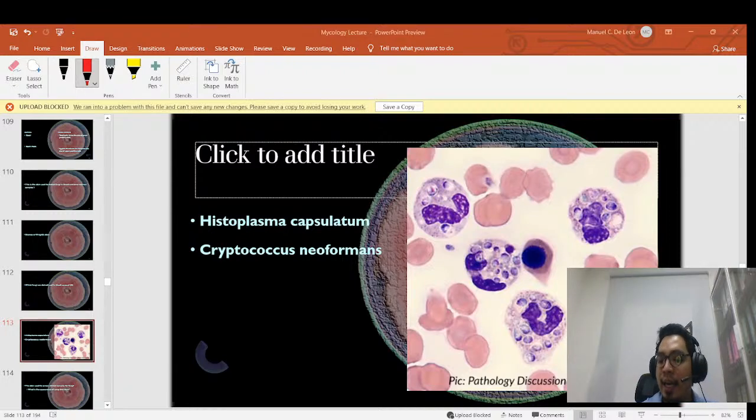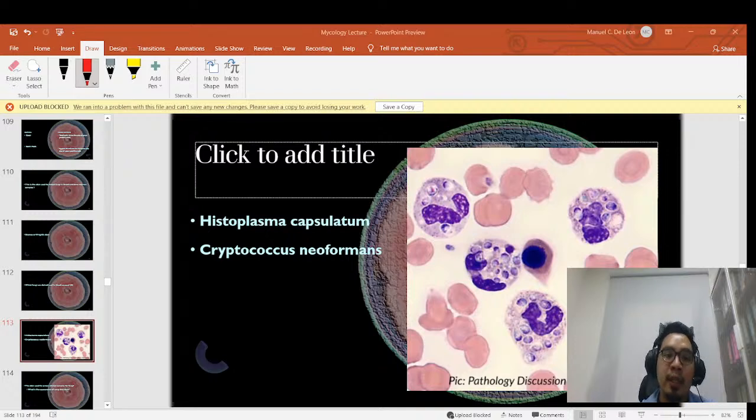Now, who is correct? Well, basically, the correct answer is, unfortunately, Francis, this is Histoplasma capsulatum. Cryptococcus neoformans can be seen in the CSF and sometimes in heavy infections in the blood, and unfortunately, they are found extracellularly.